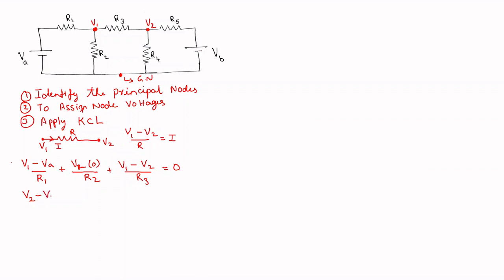So V2 minus VB divided by R5 is the current through R5, and V2 minus V1 divided by R3 is the current through R3, and V2 minus 0 divided by R4 is the current through R4. The sum of all currents is equal to 0. I have got two equations now, two node equations.